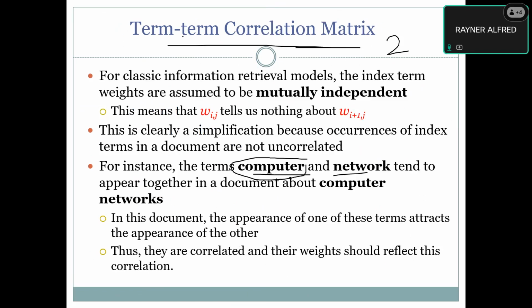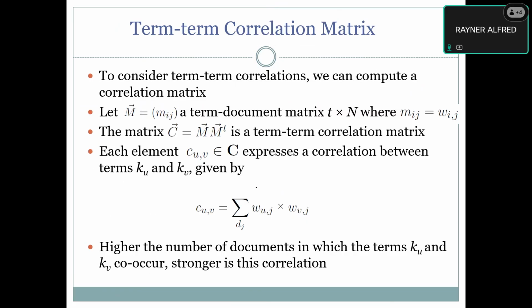So we want to form this term-term correlation matrix. To build this, we need to compute the correlation matrix, because the correlation matrix will tell us which keywords always come together. What is the relationship between the keywords that we have?